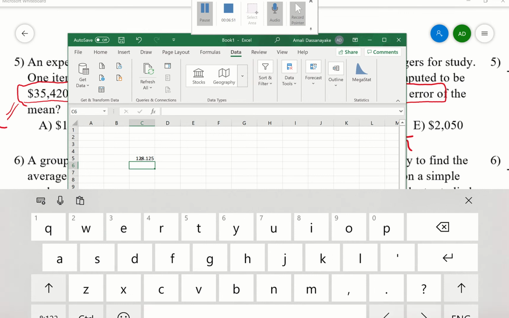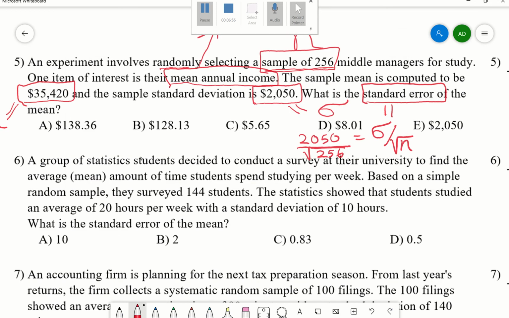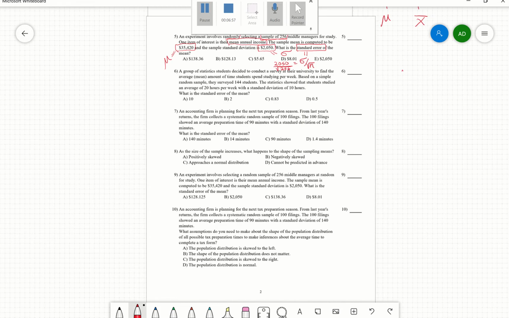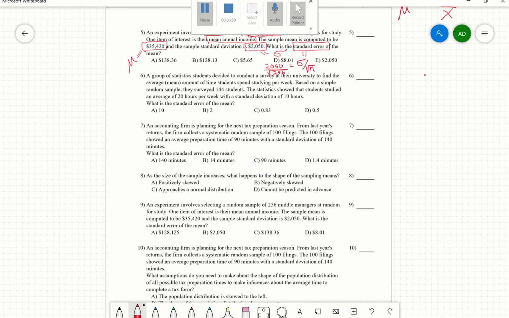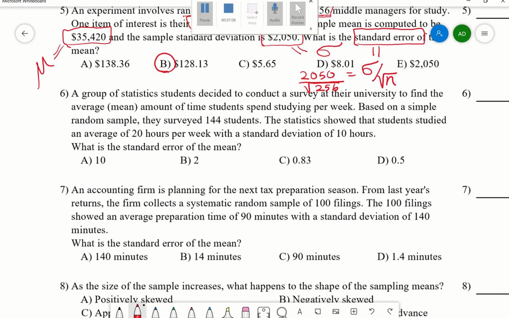There you go, 128.13. So this is the answer. It's not a probability, it's just asking for the standard error.